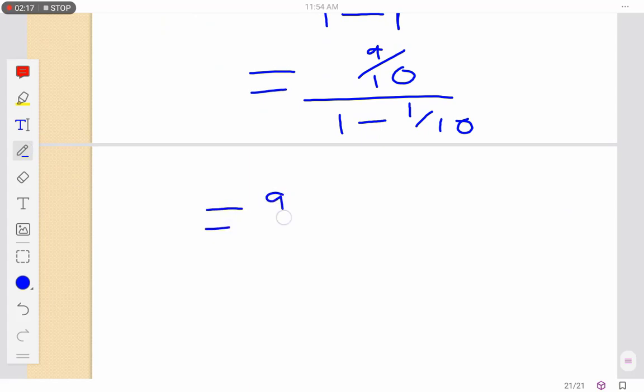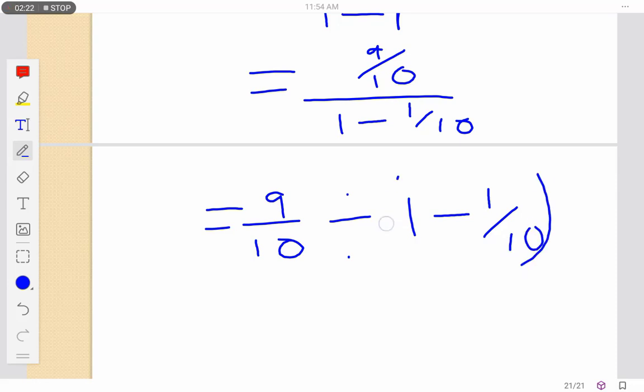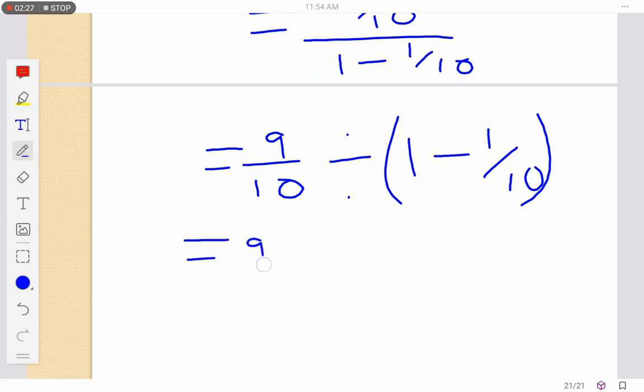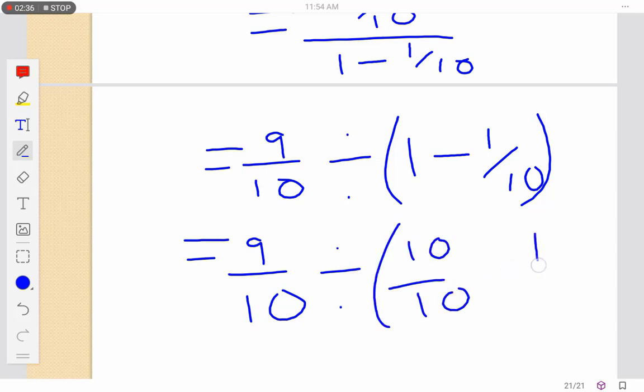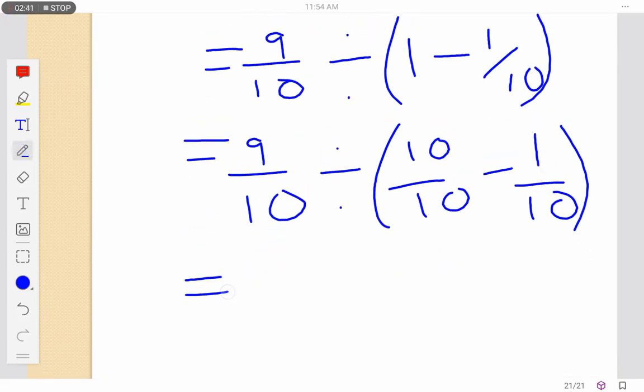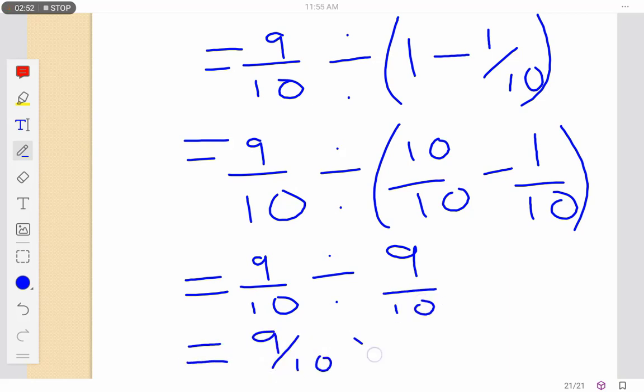I want to simplify the bracket side first. 1 minus 1 over 10 is as good as 10 over 10 minus 1 over 10, which is 9 over 10. So we have 9 over 10 divided by 9 over 10, which is 9 over 10 times 10 over 9.